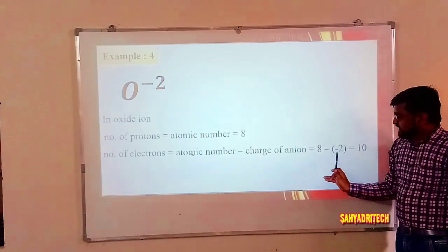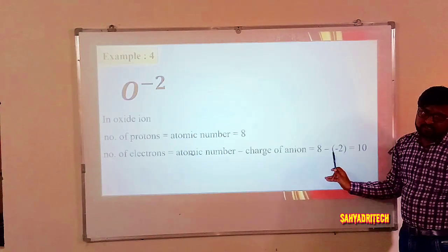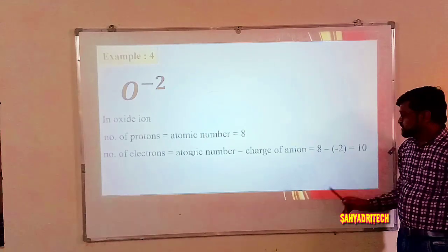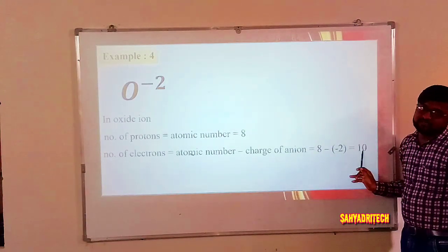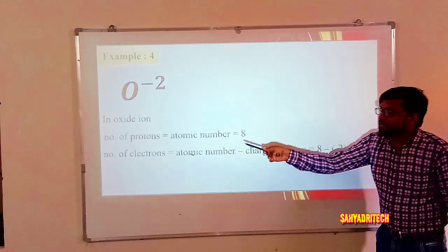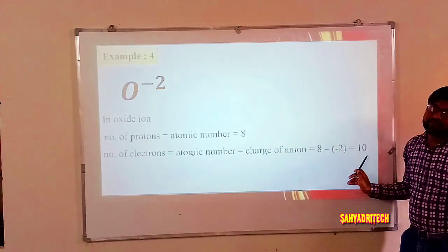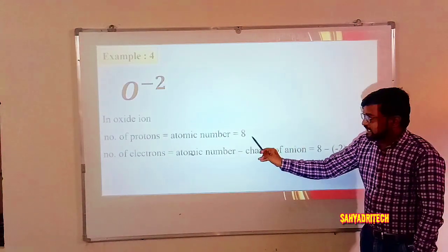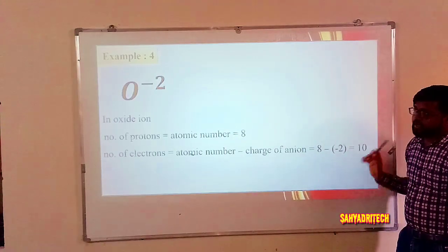So, 8 minus into minus becomes plus, 8 plus 2. What is the answer? 10. So, the number of electrons is equal to 10. Protons 8, electrons 10.